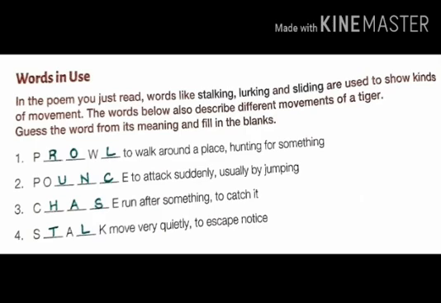Prowl. To walk around a place hunting for something. Second. Pounce. To attack suddenly, usually by jumping. Third. Chase. Run after something to catch it. And fourth. Stalk. Move very quietly to escape notice.